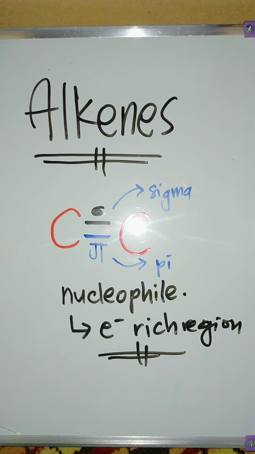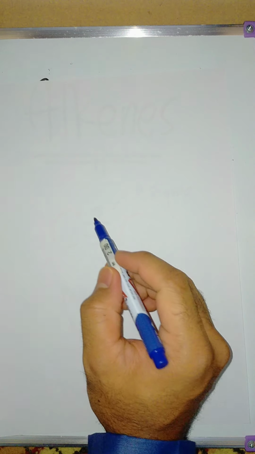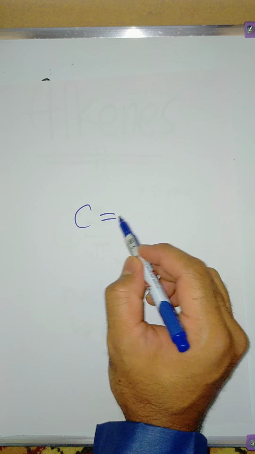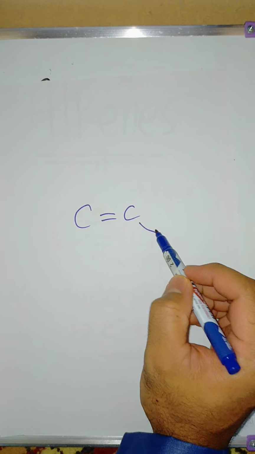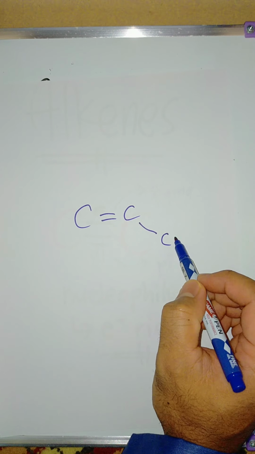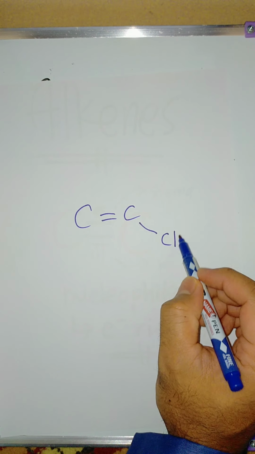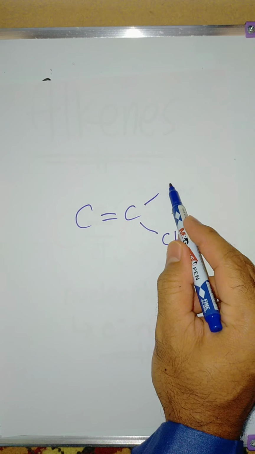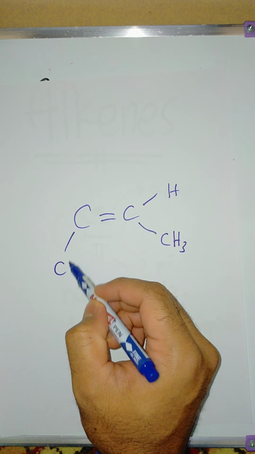unsaturated. Okay, so the alkyl group, if let's say you have in the structure carbon, double bond carbon, and then there is a methyl or alkyl group, any type of alkyl group. For example, you have methyl here, and you have another methyl here.